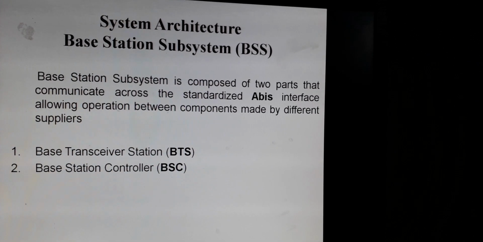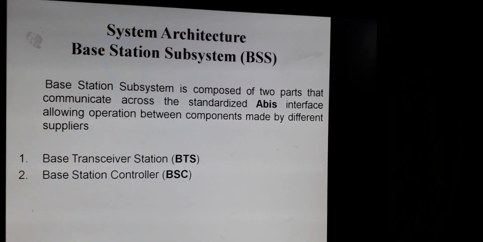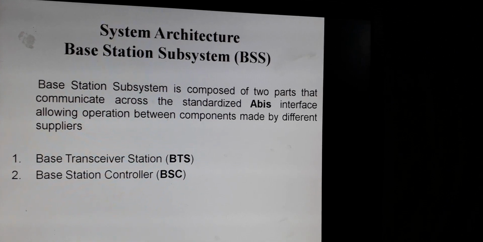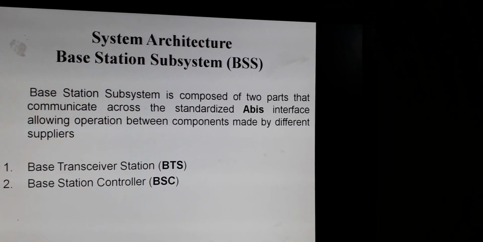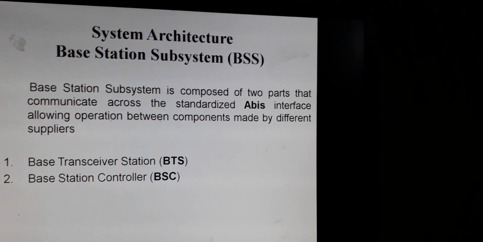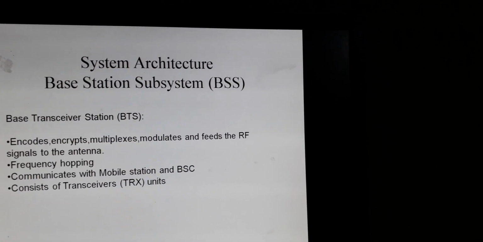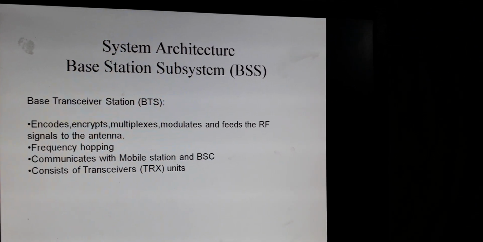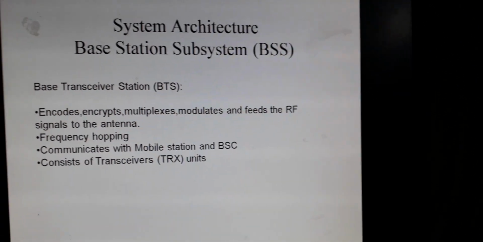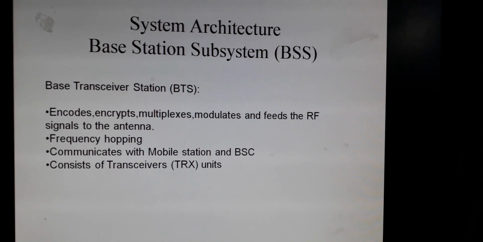Base station system has BTS or BS and base station controller. Standard interface which is used between base station system and the mobile station are BTS and MS. Important functions of BTS are encoding, encrypting, multiplexing and modulating and feeding the RF signals to the antenna.